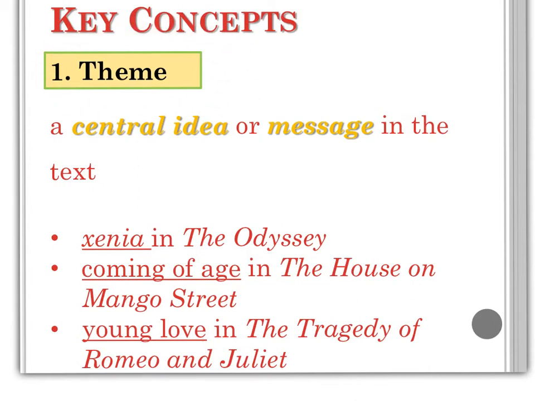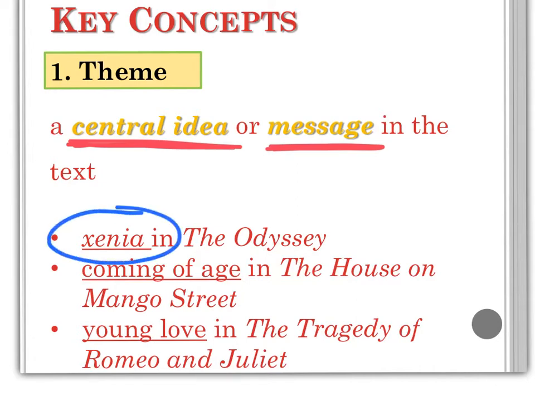This means that you're going to focus on a central idea that we see over and over again in the text, or a central message that the author tends to explore. To give you some examples, in the Odyssey, we're going to talk in great detail about the theme of Xenia in this epic poem, which we'll define for you when we get there.